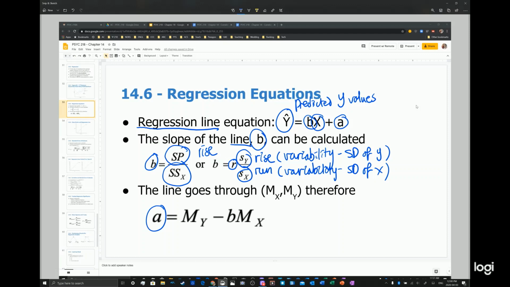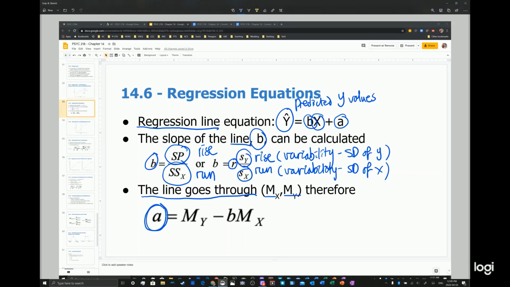So again, rise over run. We need to calculate the slope of the line first. Next, we also need to calculate the y-intercept of the regression line. So the line goes through a certain point: the mean of x and the mean of y. And we also want to find the predicted y value, or y hat, when x is equal to 0, which is your A, your y-intercept.